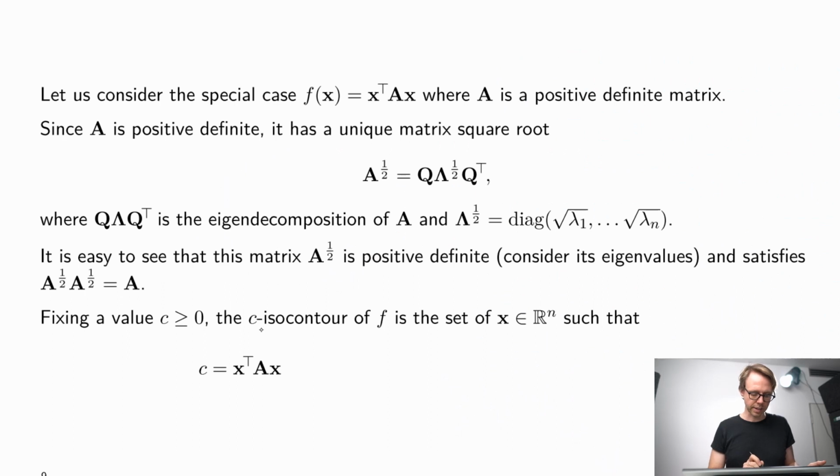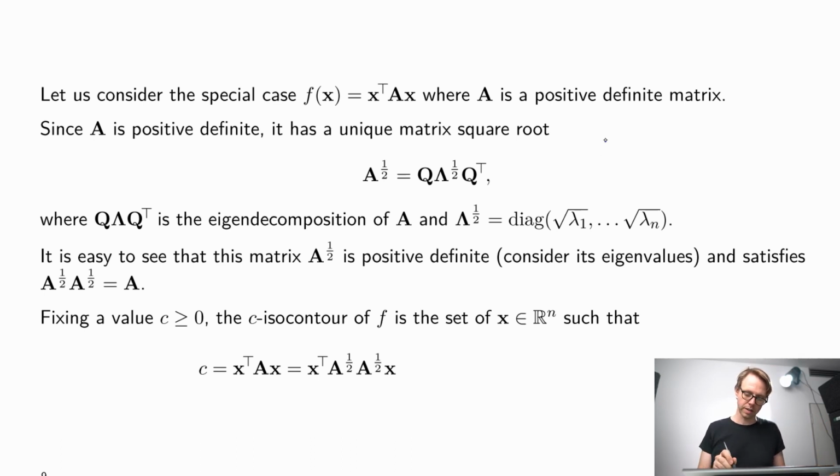Now let's also fix some value c that is larger or equal to 0. In this case, the c isocontour of this quadratic form f is the set of x from R^n, where c equals x transpose A x, which is equal to, well, the square root times the square root.